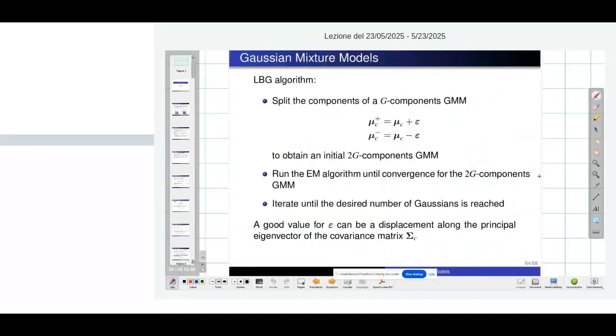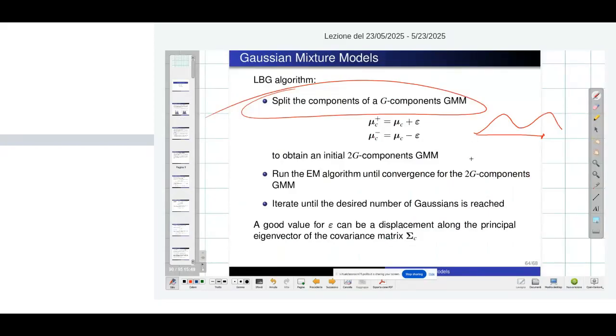One possible way to go from one component to two components is to take the GMM component and split it into two. Imagine I have a GMM, for example, with two components, which I draw here. Here I draw the single components. This has weights W1 and W2, means mu1 and mu2, and then sigma 1 and sigma 2.